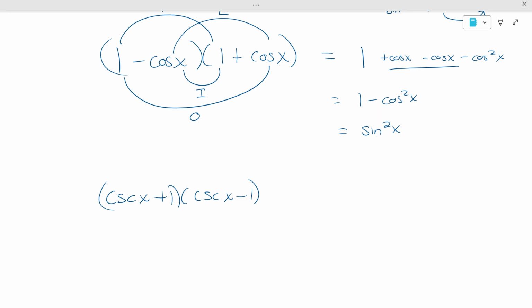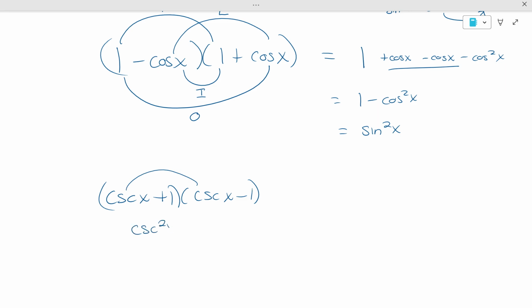Okay. On this one, I could, if I wanted to, change it to sines and cosines right away. But then I get fractions, and I don't want to mess with fractions yet. So I'm going to FOIL first. And then I'm going to see what I come up with. What's cosecant times cosecant?